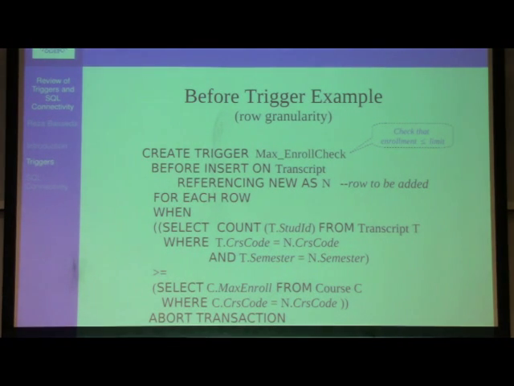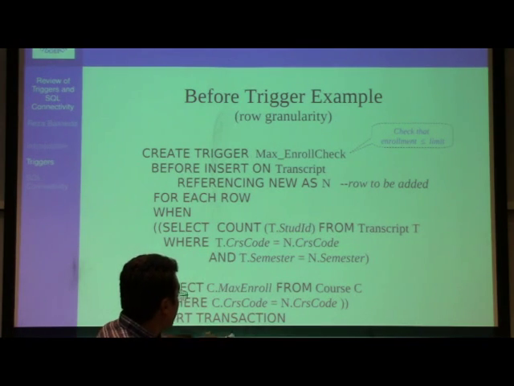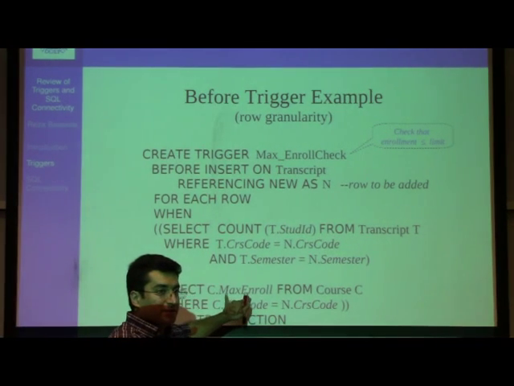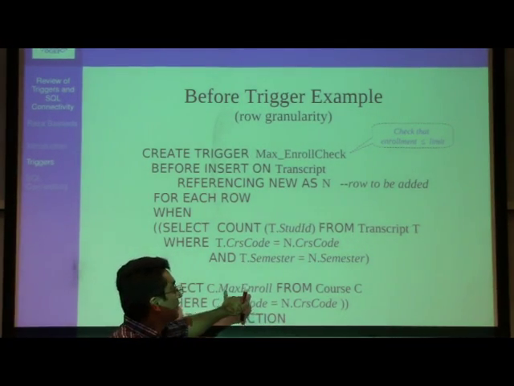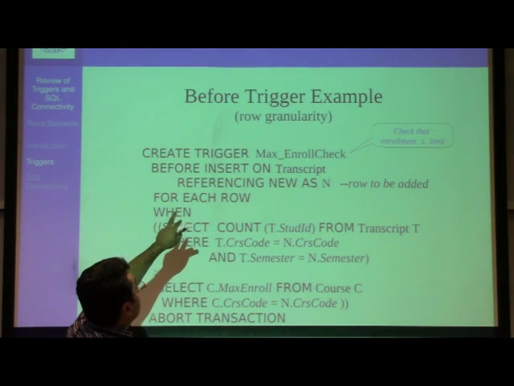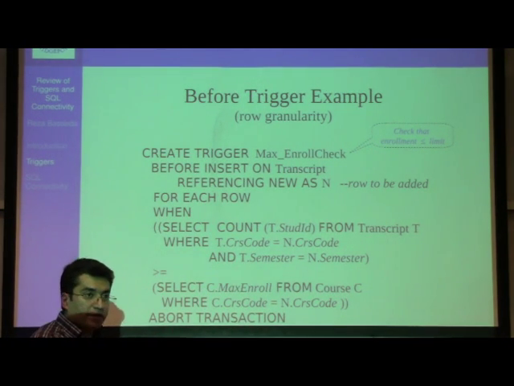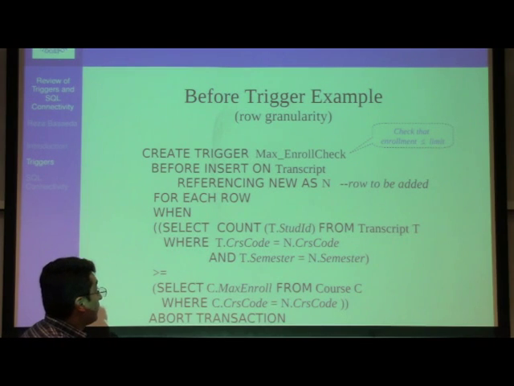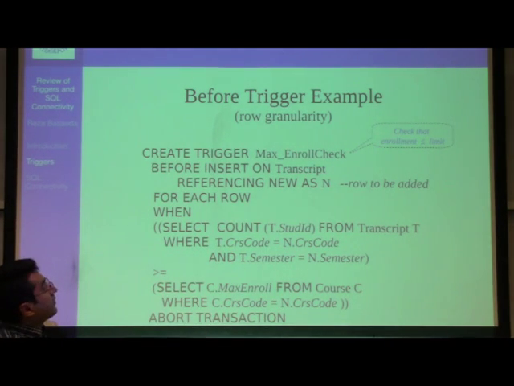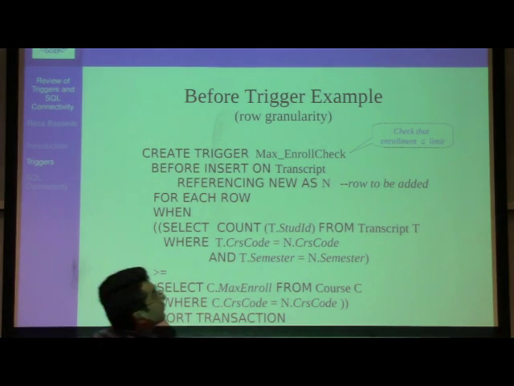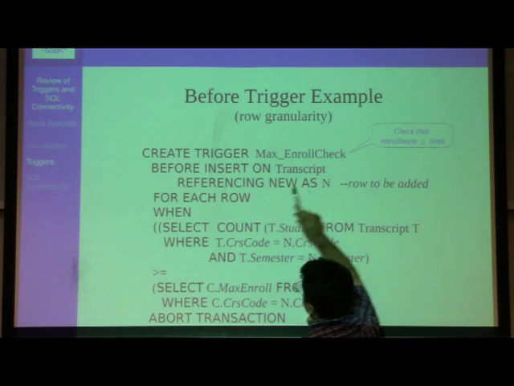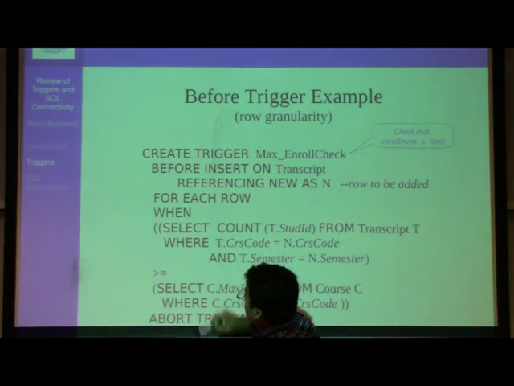You check the count after it. Suppose that you have a maximum capacity of enrollment, the cap of the enrollment. It checks before inserting any registration of a student. Before insertion. Okay? So for each row, it's row granularity. Okay?